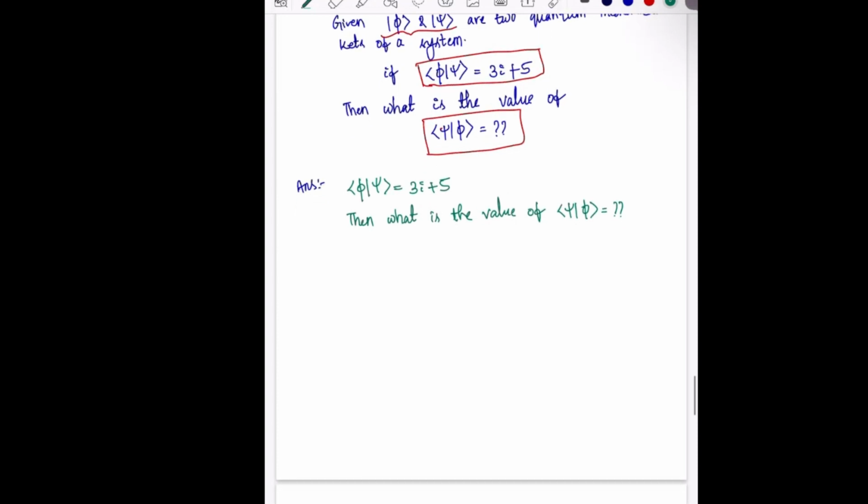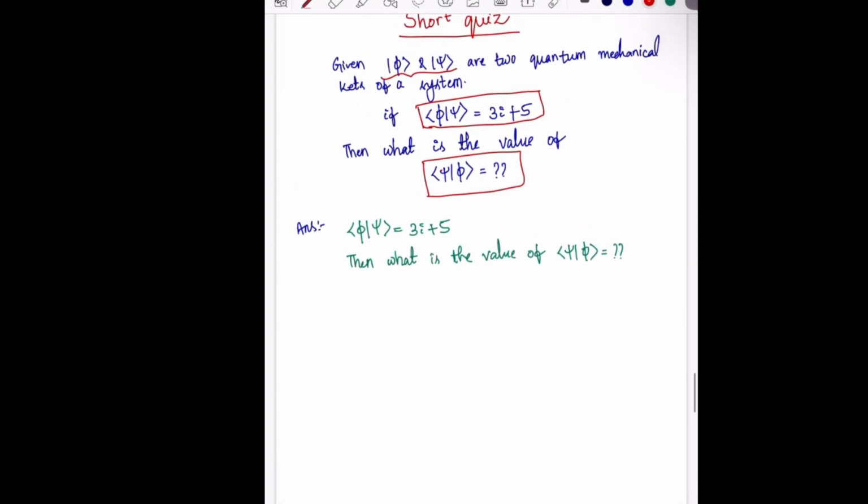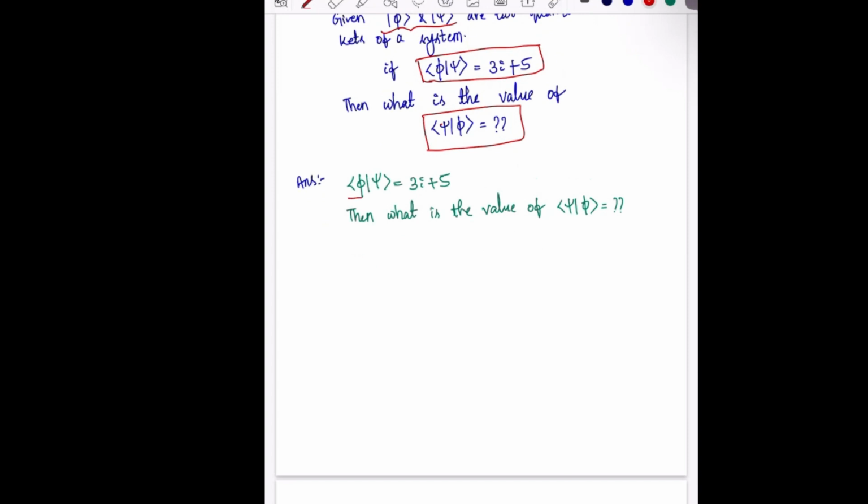Okay, let me explain the answer then. It is given that the inner product of phi with psi is 3i plus 5. Then it is asking about the inner product of psi with phi.